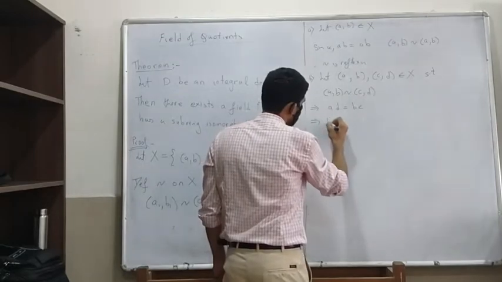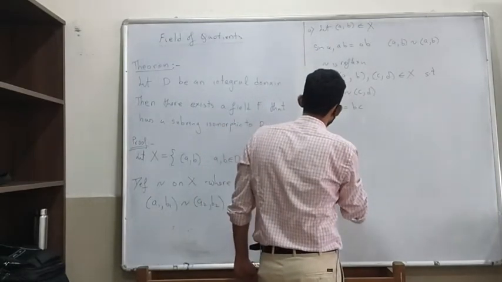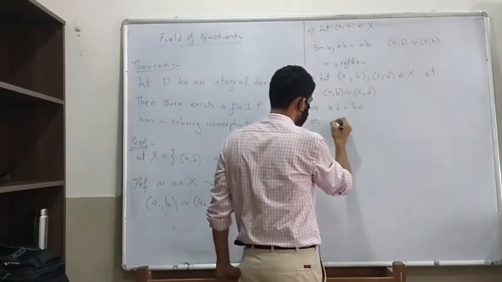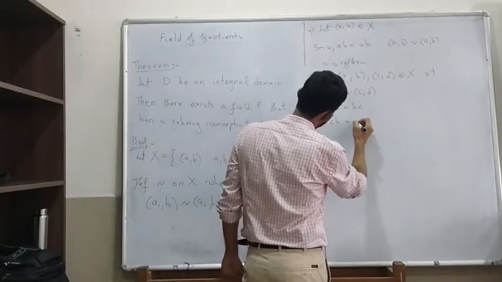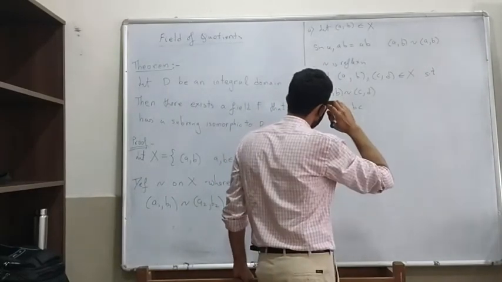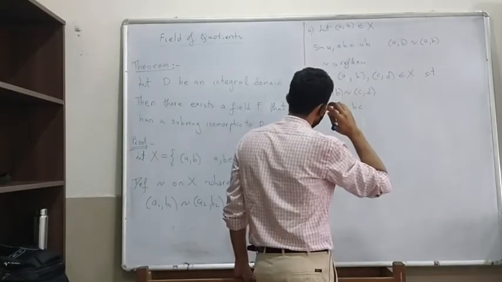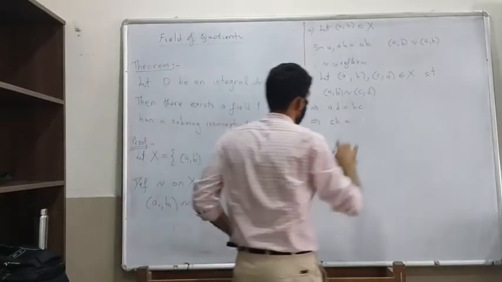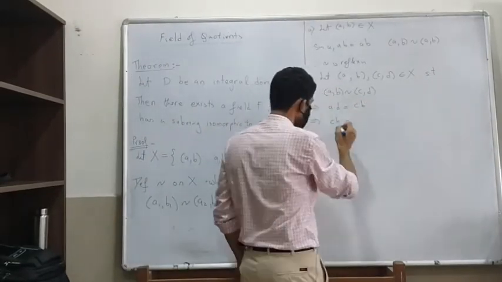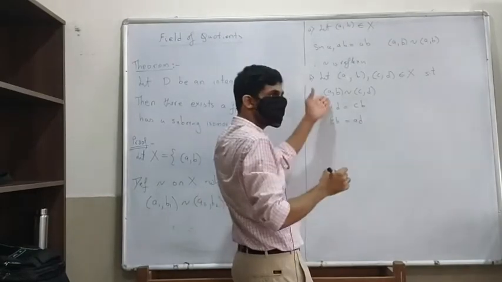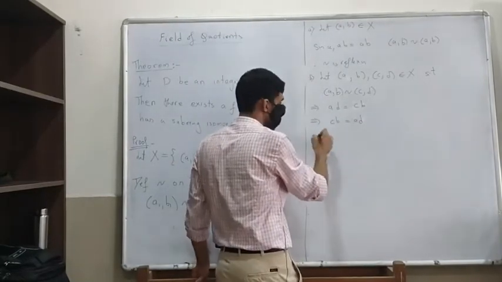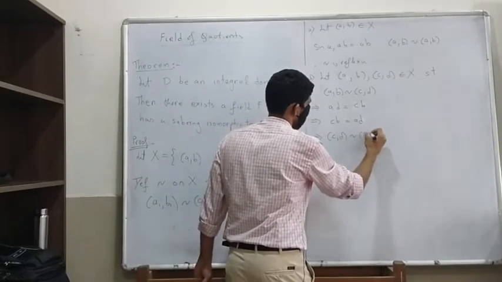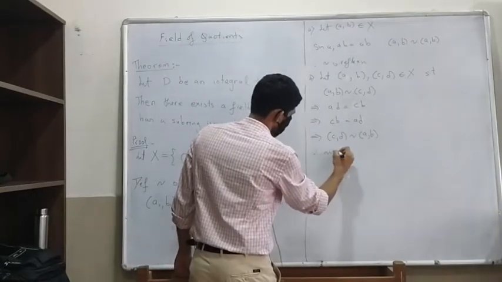But this means, just flip the equality, so you get cb equals ad, right? That's the same thing, right? If x equals y, y equals x. So this will mean that (c, d) is related to (a, b). So very simply it is symmetric.